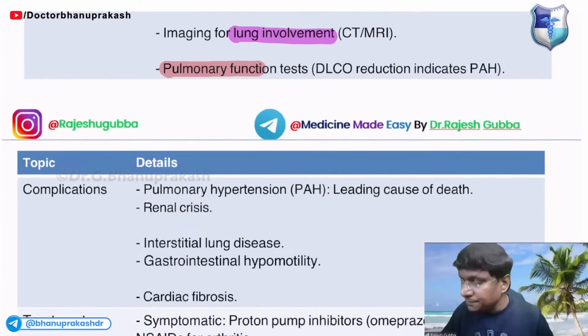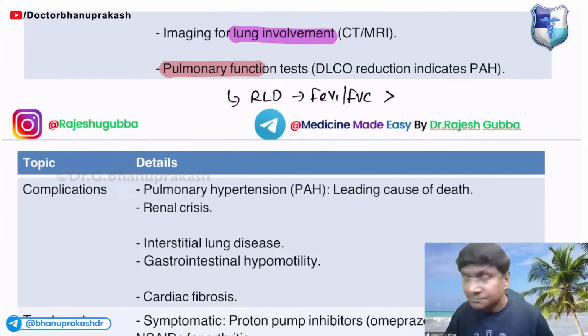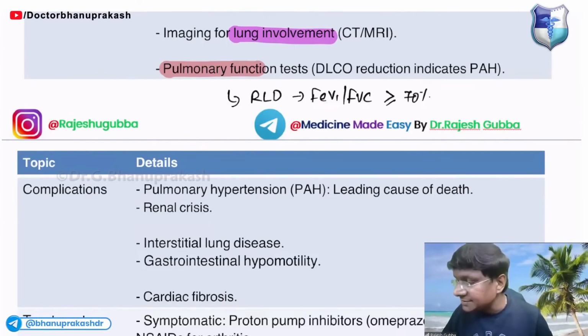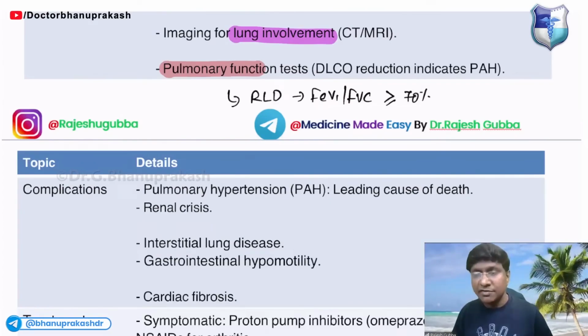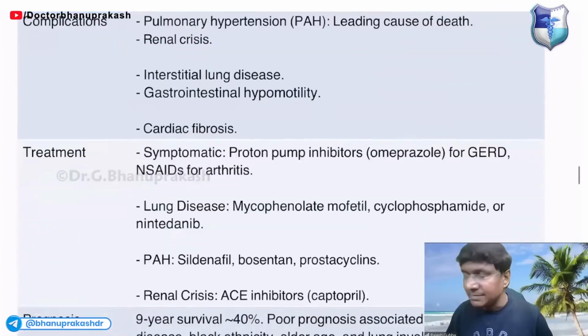Pulmonary function test shows restrictive lung disease, where your FEV1/FVC will be more than or equal to 70%. That is what you will see in pulmonary function test, right? And what will happen to the DLCO, diffusion capacity of the lung for carbon monoxide? It is reduced.